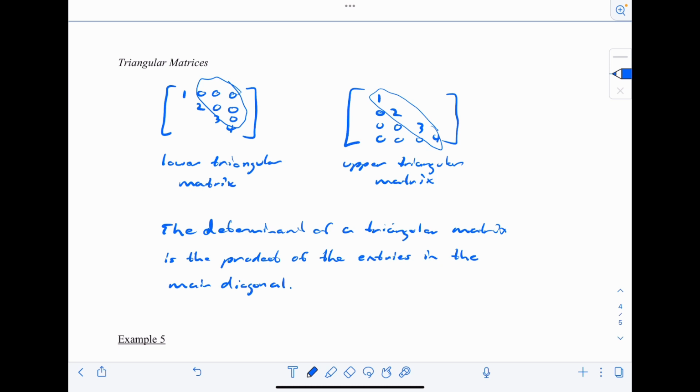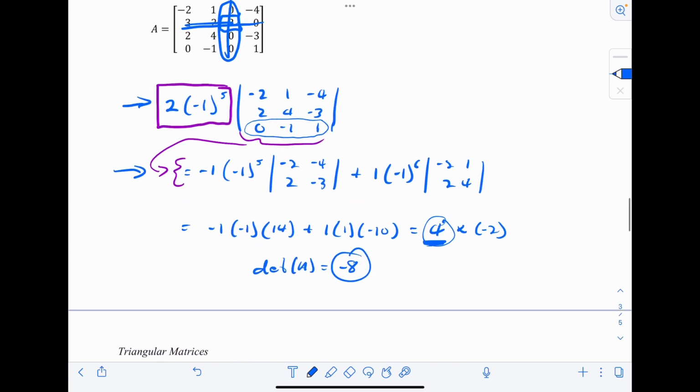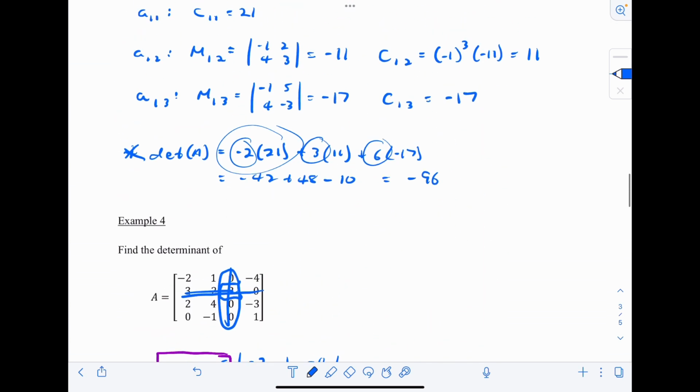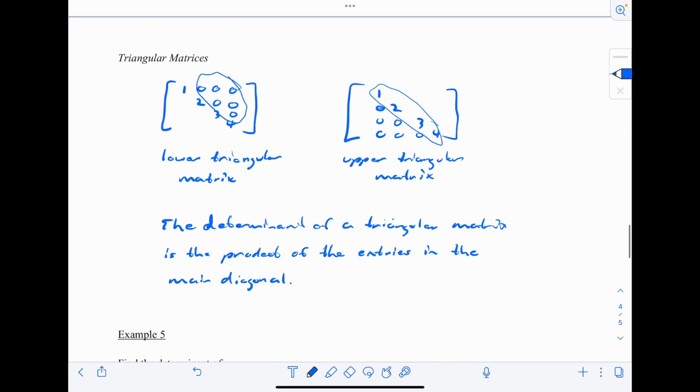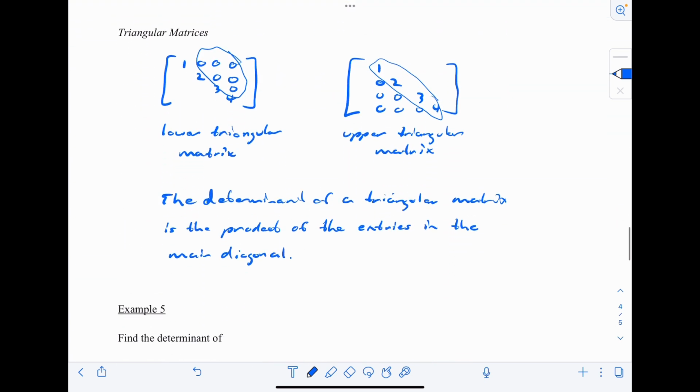I'm not going to get into the math of this, but if you think about how we find the determinant of a matrix, and especially what we did in example 4, where we had all these zeros that allowed us to skip a lot of steps, what ends up happening is you just end up with the diagonals being multiplied together. Okay?